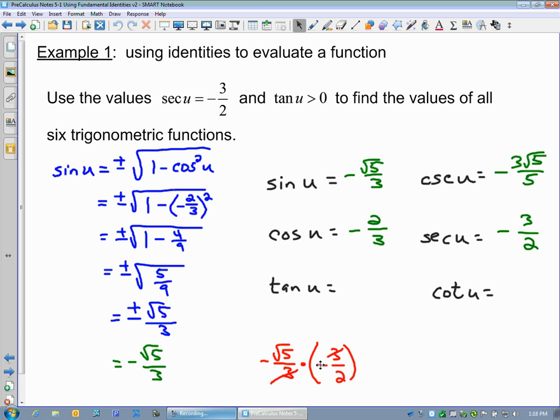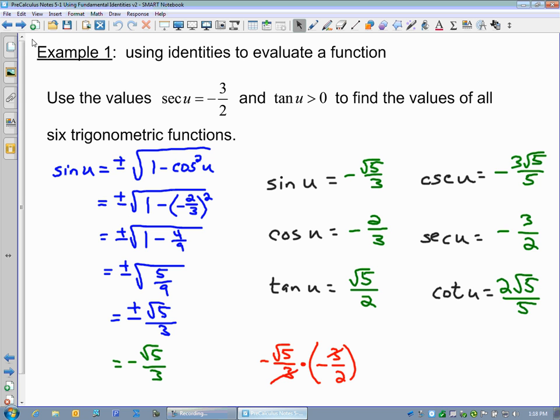Reciprocal of negative 2/3 is negative 3/2. Negative times negative is a positive. And the 3's cancel. And you're left with square root of 5 over 2. And again, once you know that, you can reciprocate to find cotangent. And after rationalizing, you'll get 2 root 5 over 5.